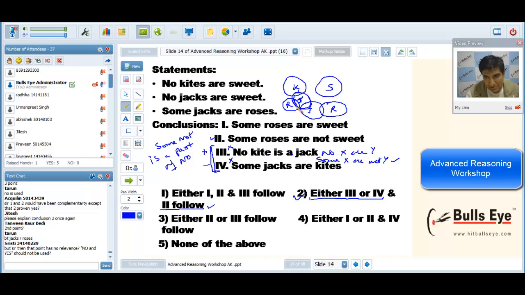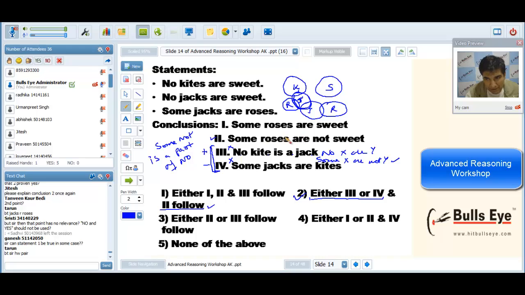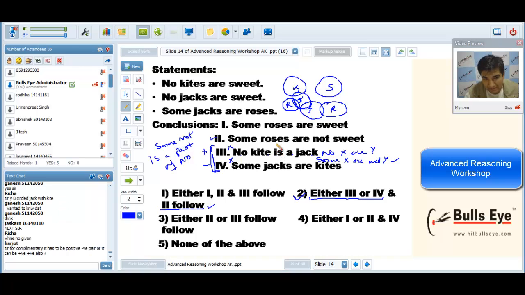Some jacks are roses. Some roses are sweet may or may not be there. Yes, it can be made. It has to be a positive negative pair. It cannot be positive positive. Any problem with anybody in this question? Can we go to the next question now?